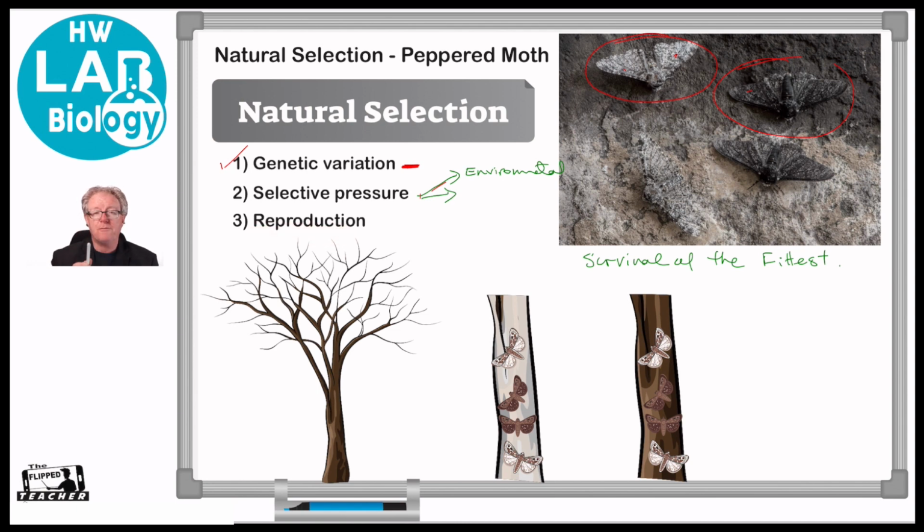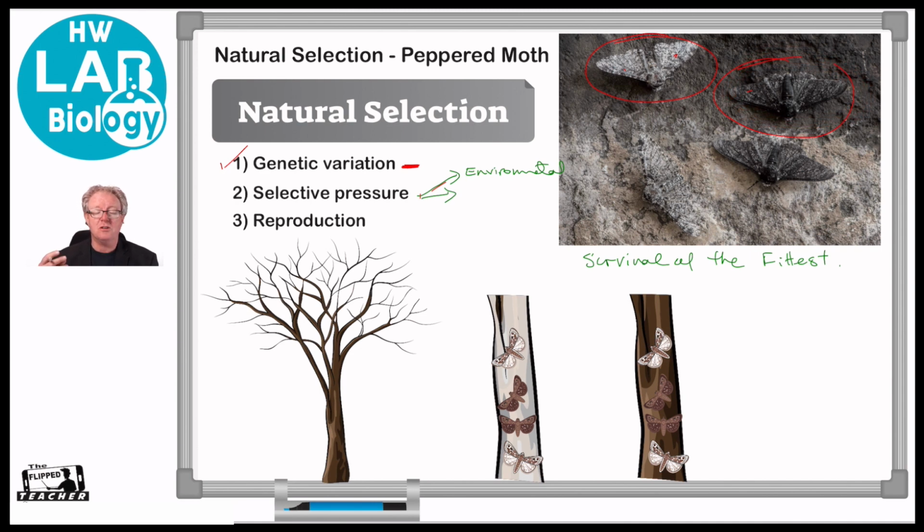Now, something to watch out for, my last point here, is that you don't want to say things like this. You don't want to say, oh, the black ones adapted to the environment. No, they didn't, right? Black ones are already black, the environment changed, and it just so happens that their black coloring was favorable for the selective pressure.